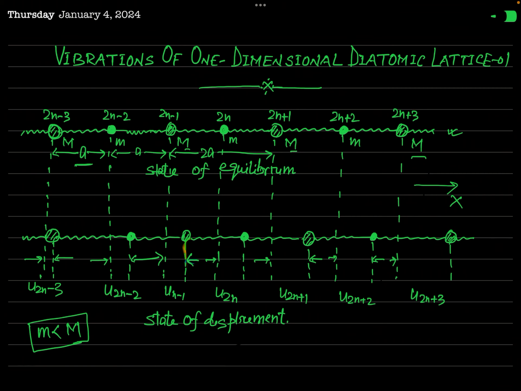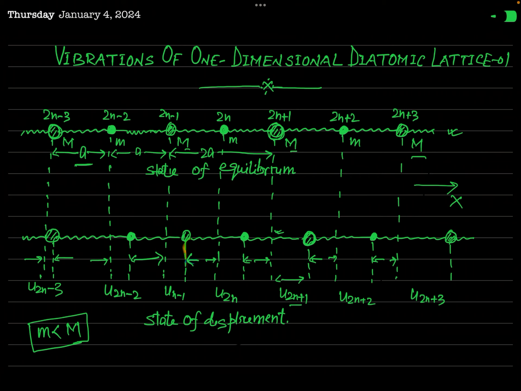This displacement is u2n, as you can see it here. Similarly, I have assumed that the displacement of this 2n plus 1 atom, which is now displaced to this position, this is its original position and this is its displacement, and this displacement is actually equal to u2n plus 1.